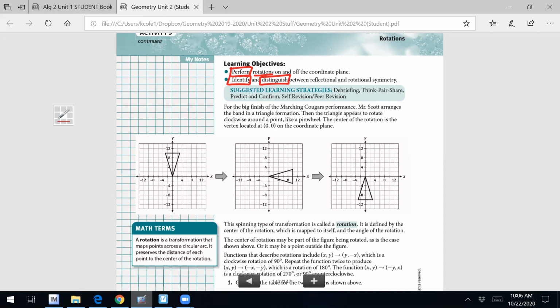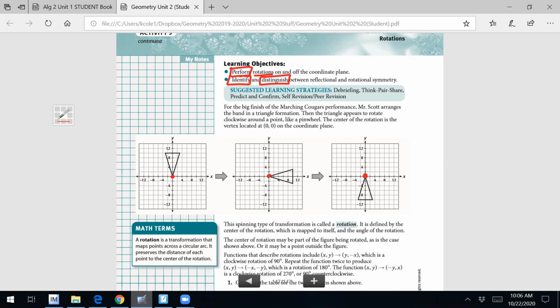So you can see, if I was making a pinwheel, this point right there is going to be the center, and I would spin it around that. Everybody's seen one of those spinners where you just spin it. It's around a central point, okay? Well, this central point is 0, 0.